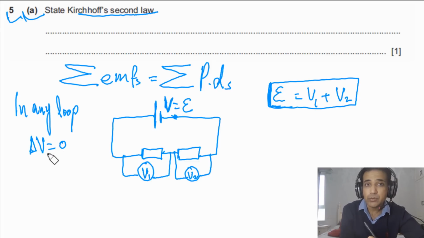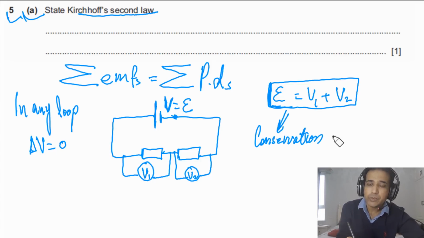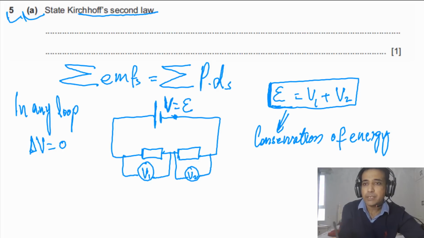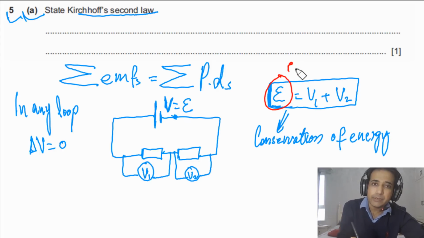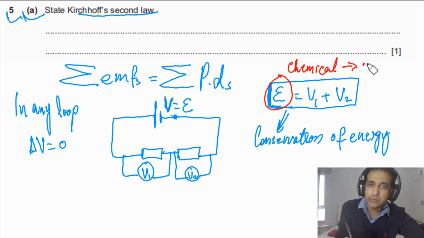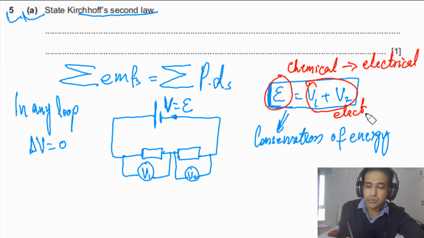This law is based on conservation of energy. It's important to understand that. In the battery, chemical energy is converted into electrical energy, and then in the resistors, electrical energy is converted into thermal energy, or light if the temperature is too high.